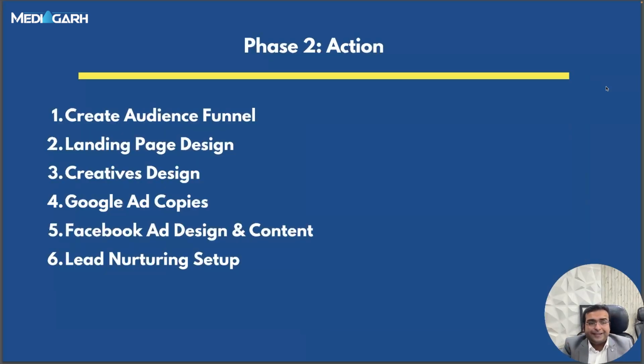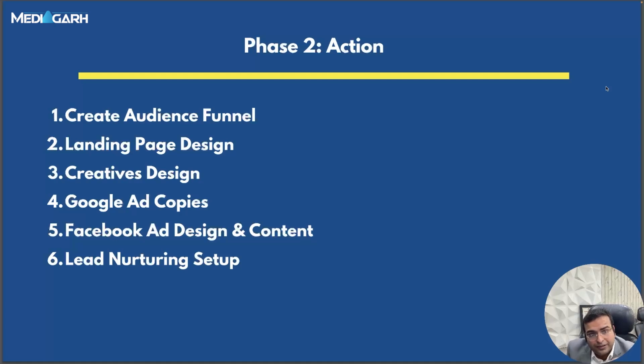Now once you have done all this research, you are at a place where you have got the idea and some clarity on how to plan your marketing campaign. First is your audience funnel, how you will run it and how people will come to your landing page. That's the first thing you need to design, your audience funnel and then the landing page.